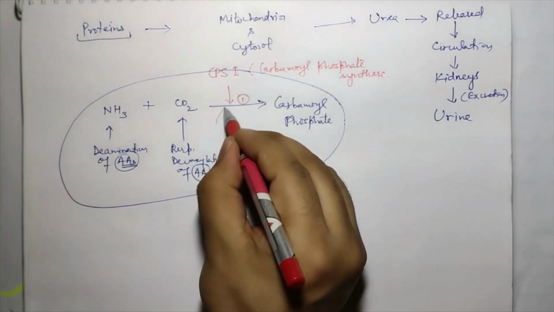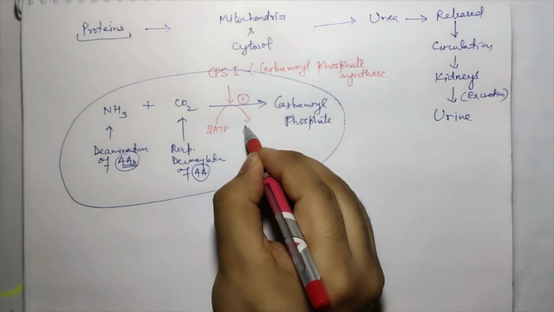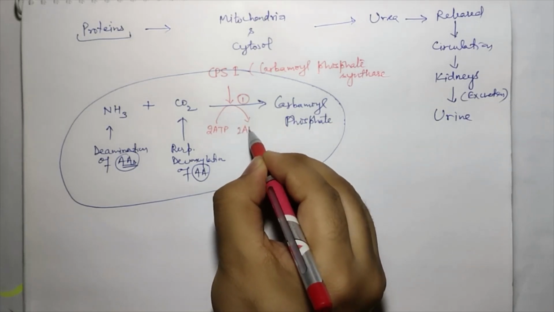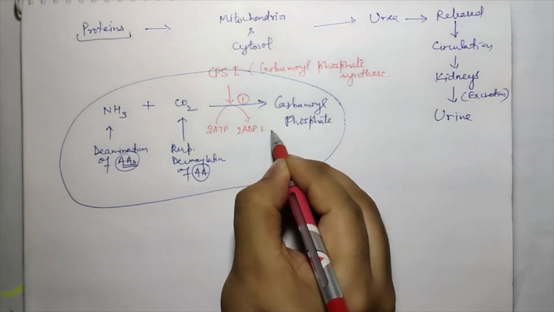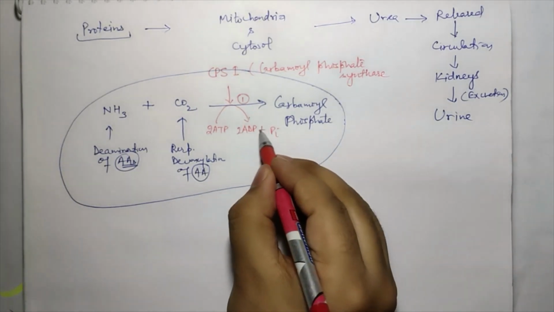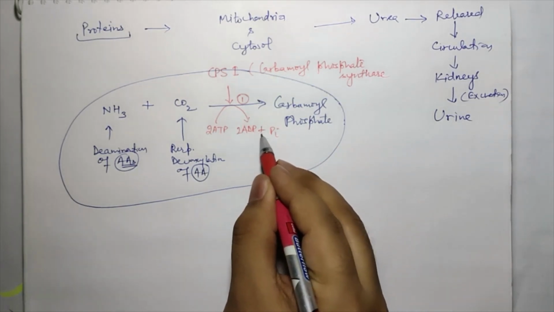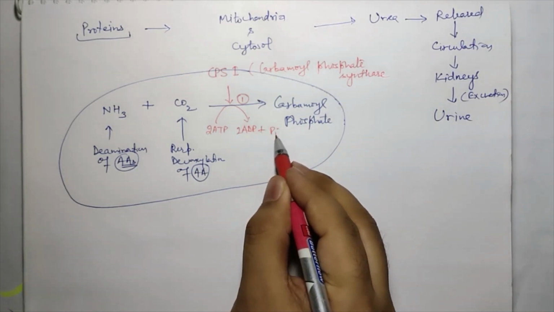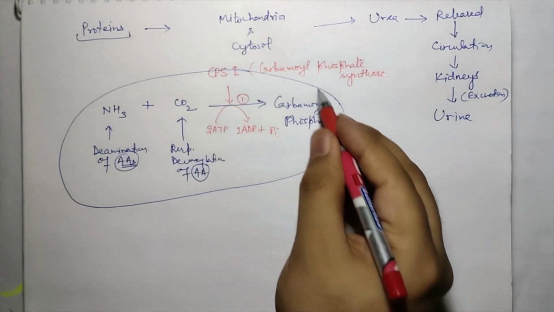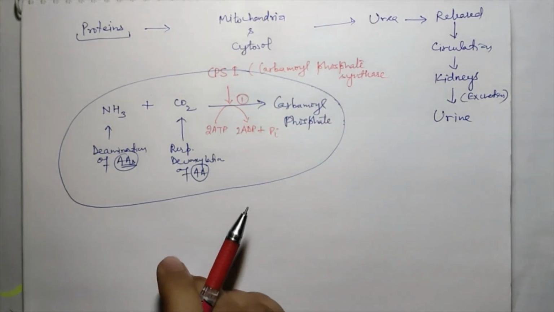and it utilizes two ATP molecules for formation of this carbamyl phosphate, where two ADP molecules are released and one inorganic phosphate is released, and the other phosphate group is added to the carbamyl phosphate.